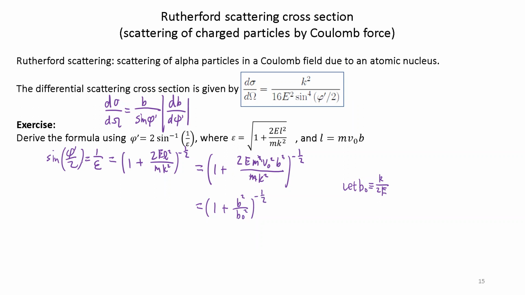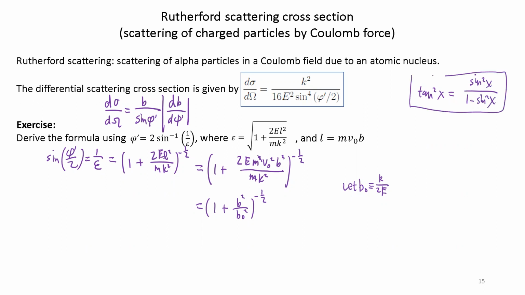So that means the sine of this is equal to this. And now, using a trigonometric formula, tangent squared of something is equal to the sine squared of something divided by 1 minus sine squared.